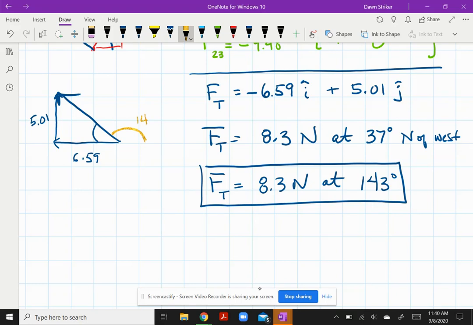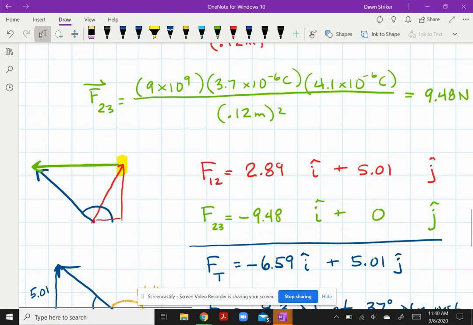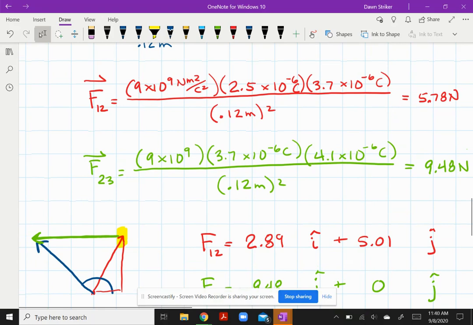And so there's 143 degrees there. All right, so that is my total force acting on charge 2 due to 2 other charges. This is a great review of how to add vectors together using components. And so hopefully it wasn't too painful for you to watch.